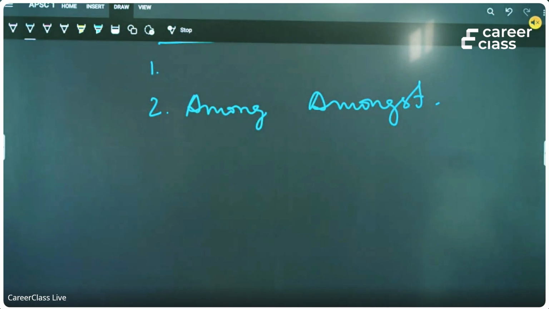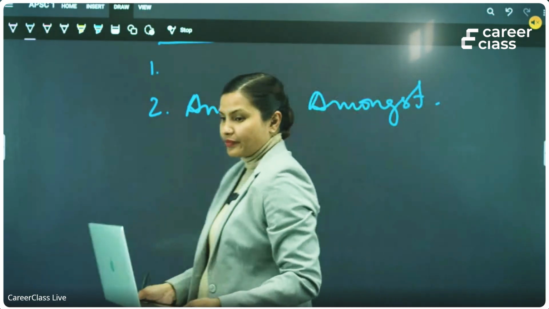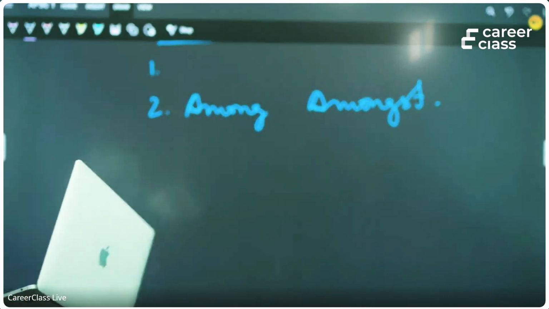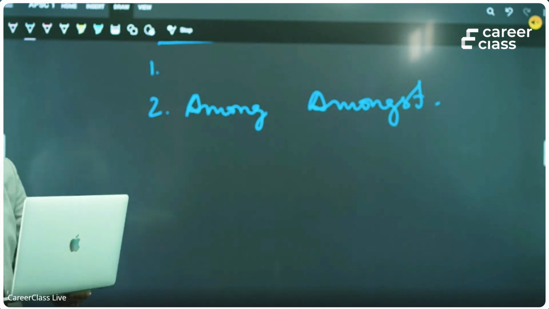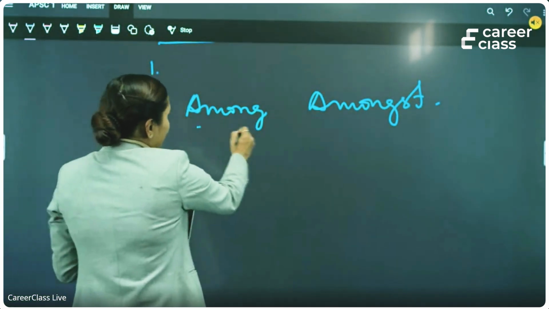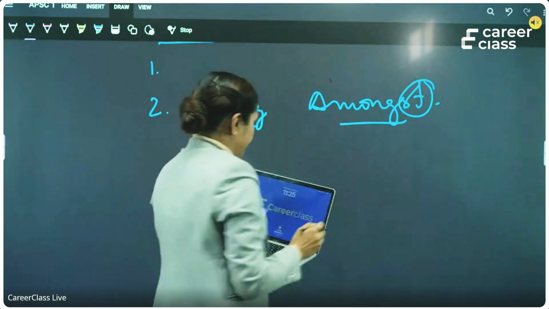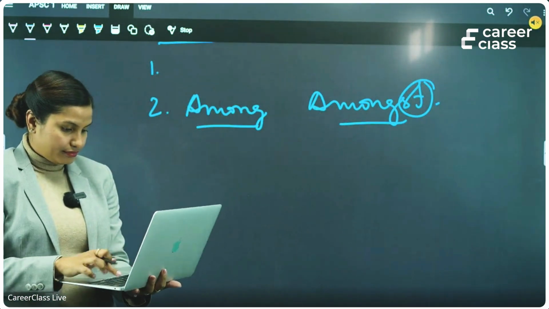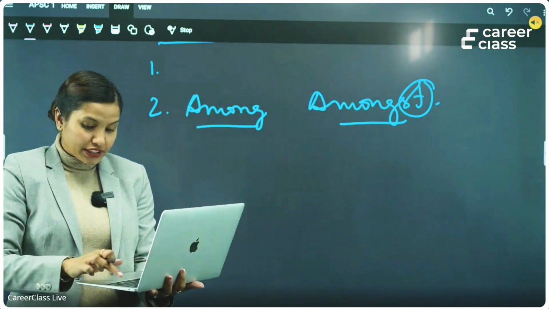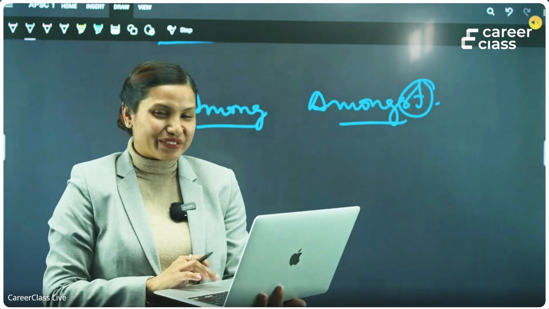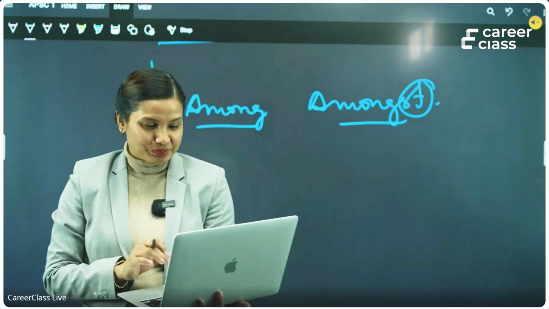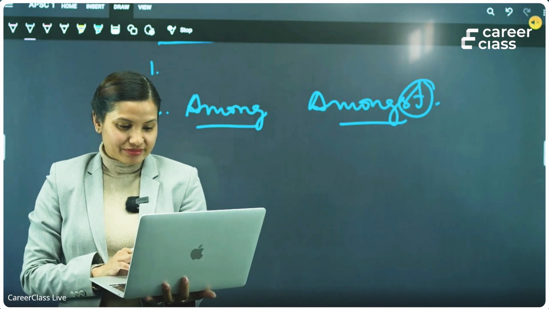Do we have any differences between among and amongst? Yes or no? What kind of differences do we have? When do we use among and when do we use amongst? I am also not clear. That's why I'm opening my laptop to find out what is the difference between the two. Can anyone tell me?